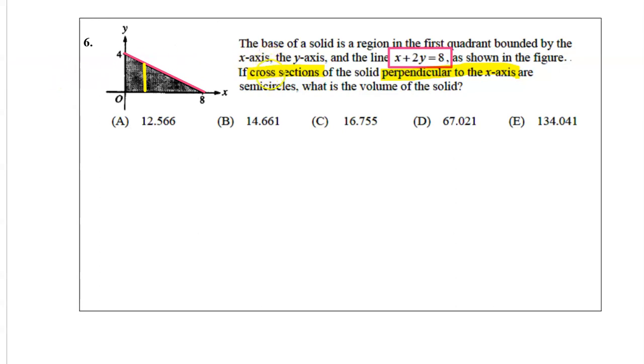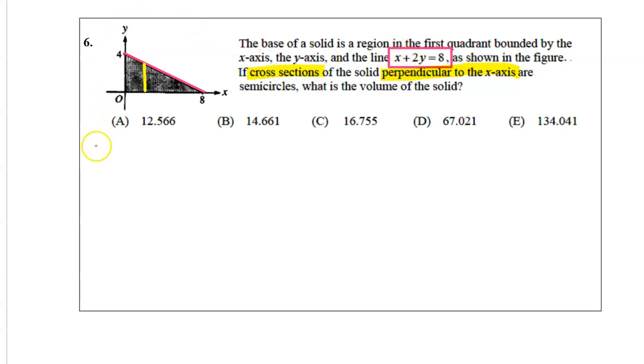When they talk about cross-sections perpendicular to the x-axis, they are talking about slices like this one. Because the slices are stacked up from left to right, we know that ultimately we will have to integrate with respect to x. For that reason, we need to rewrite this function in terms of x.